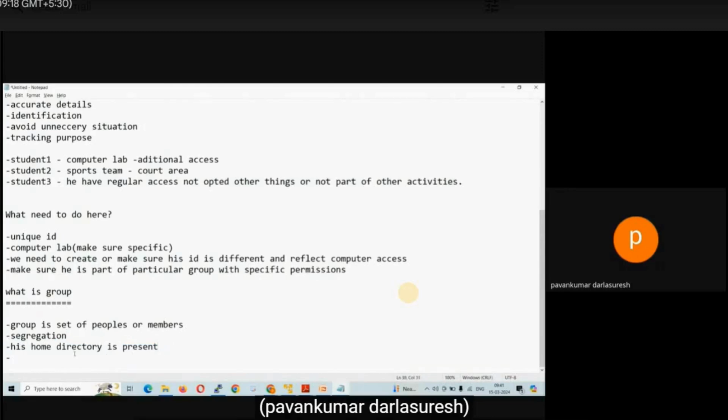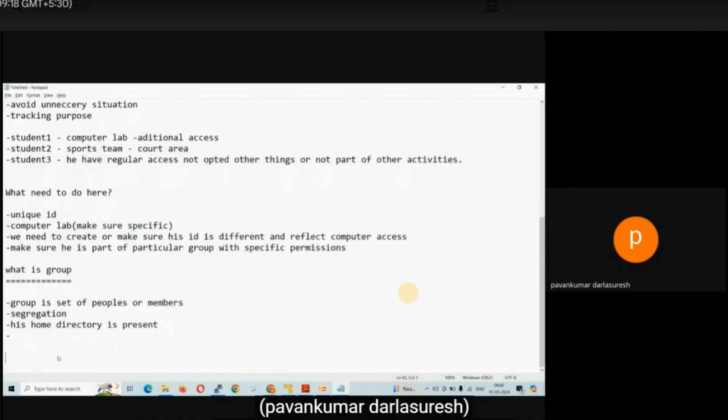So usually in a production environment, we get a type of request. They ask to create a user, let it be Tom, in a particular group, along with the group name.